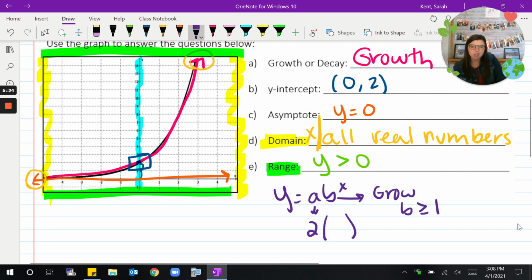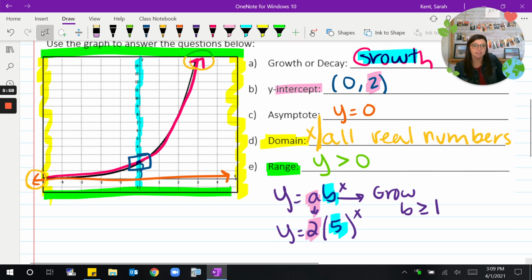We can't really tell what it is from this graph, so I could put in any number, maybe 5, maybe 6. You'll be given that number if you have to plug it in. And then y and x stay the same. So this a, 2, came from the y-intercept, and our b, this 5, came from the fact that it was growth.